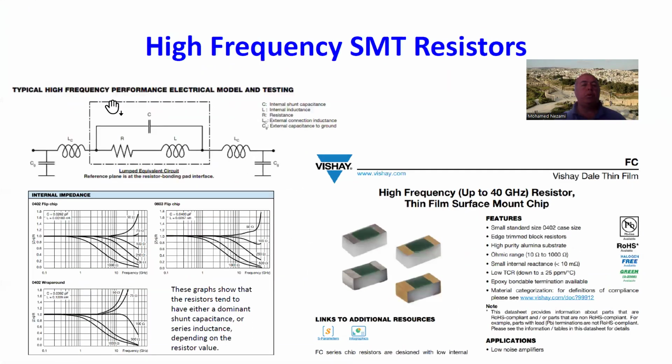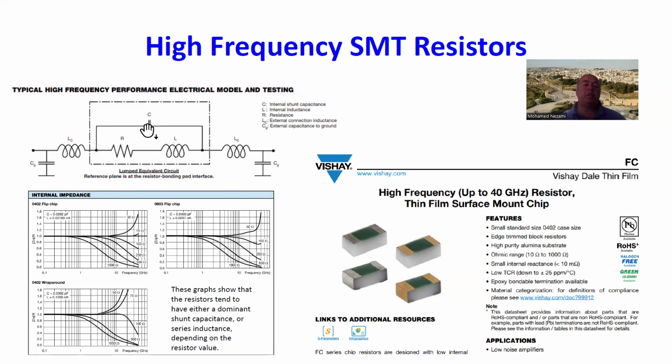It is because if you look closely at a resistor at microwave frequencies, this resistor in here is not just a simple resistor, and this is for the thin film surface mount resistor from Vishay. You can see that this has some inductance and some parasitic capacitors to ground from both sides when you lay it on the board.